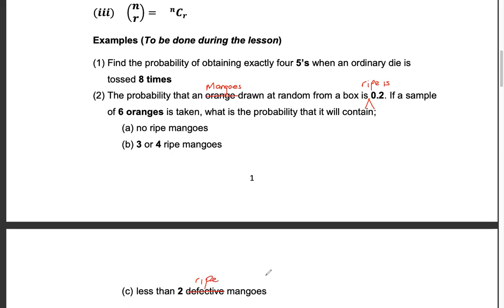So those are the 3 corrections I made, but I shared an edited document. I think I'll have to go and check. I don't remember changing that word, orange. It has to be mangoes. So make sure you have the correct wording so that it's easy to work it out.